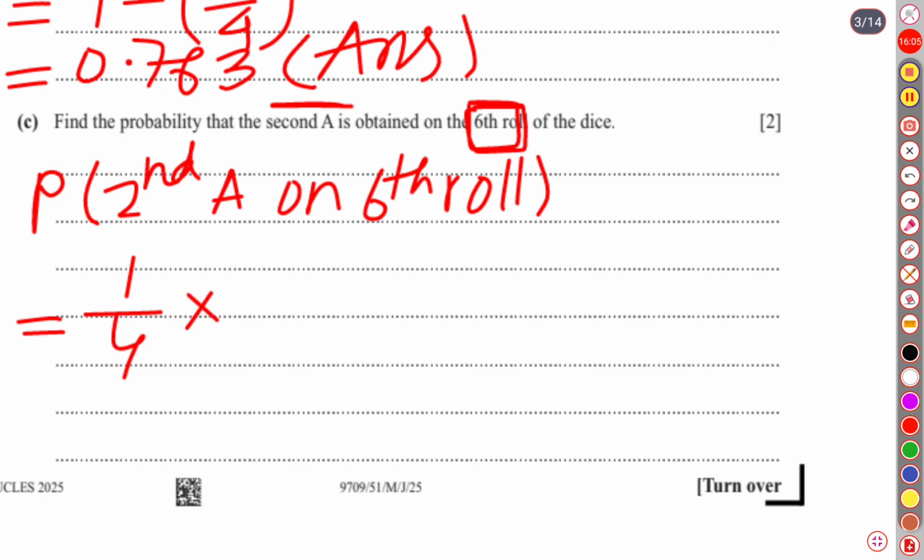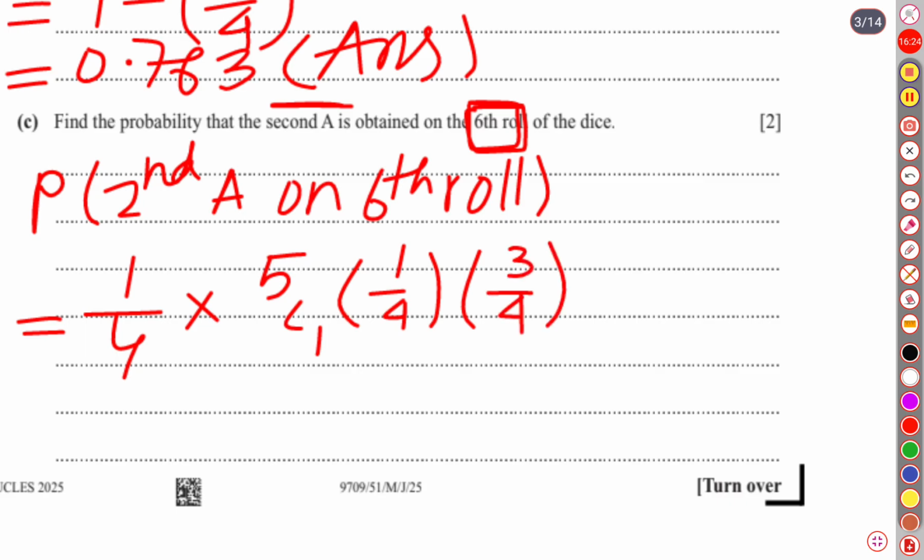And what about the first five rolls? Among these five rolls, only once he succeeded. So the probability of success is 1 over 4 once, but he failed how many times? 4 times. So 3 over 4, he failed 4 times. For the first five rolls it is a binomial distribution, because we don't know when he succeeded.